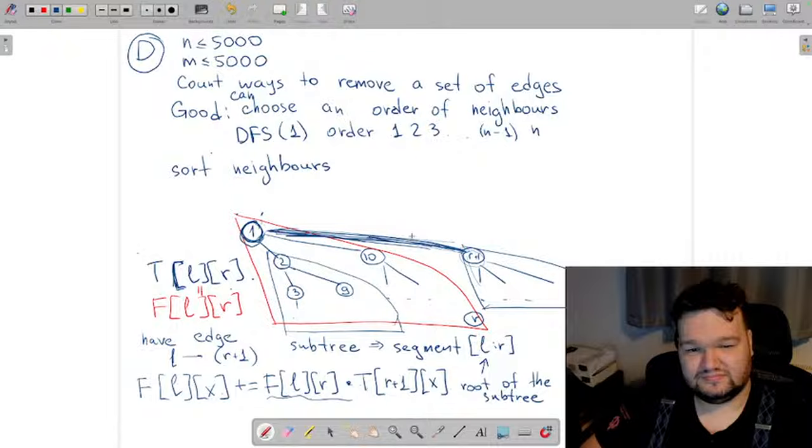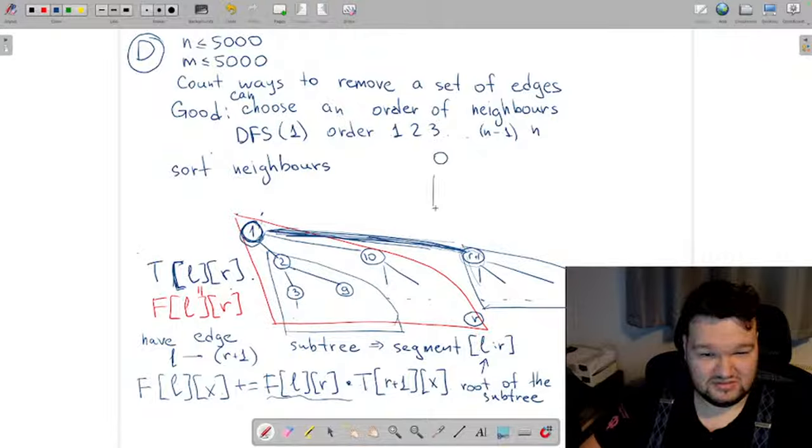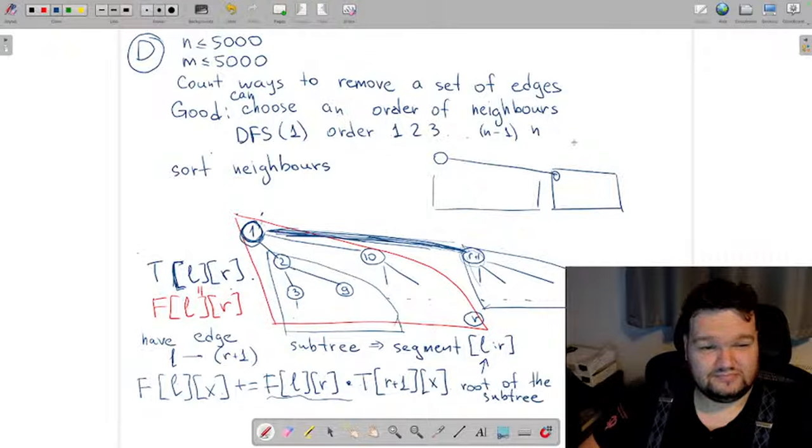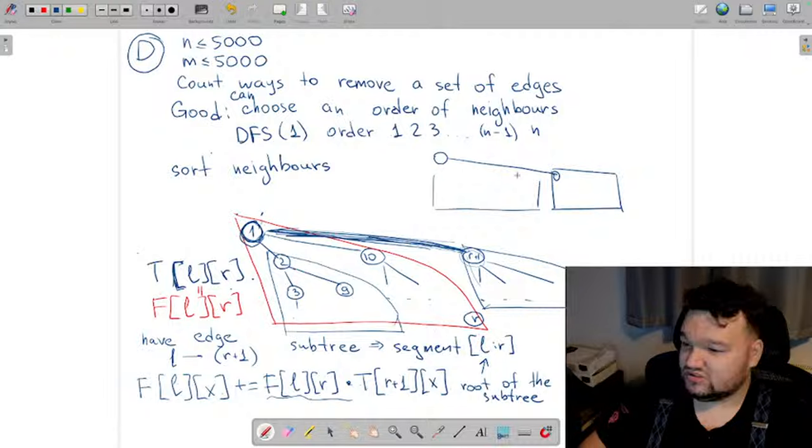So we have the current root. Something is already covered. Then we are adding this new subtree, and so obviously we have to keep the edge.